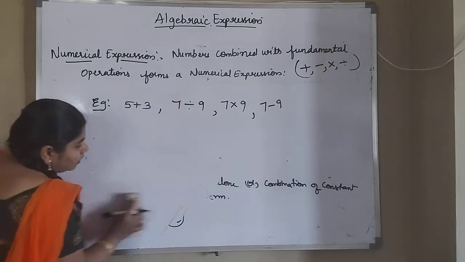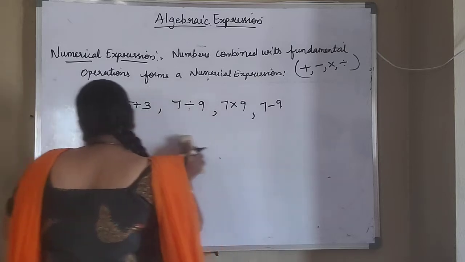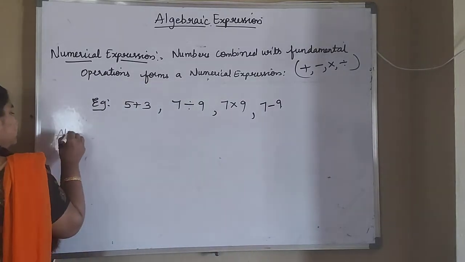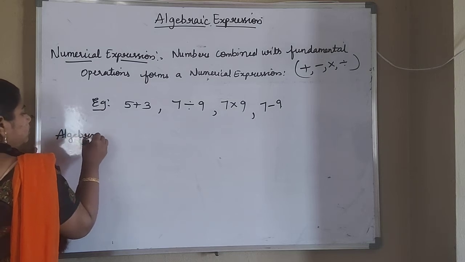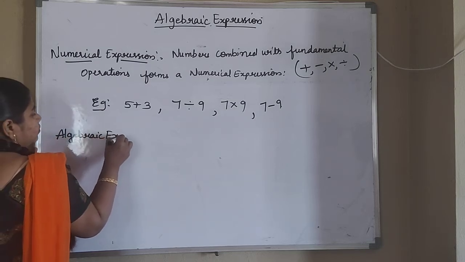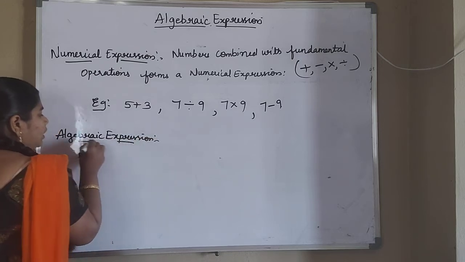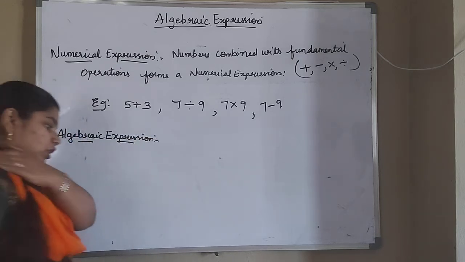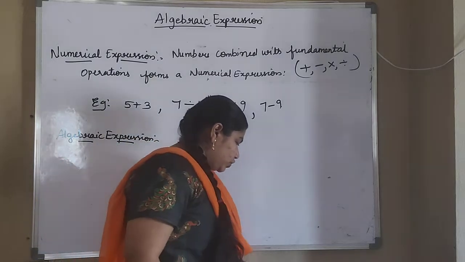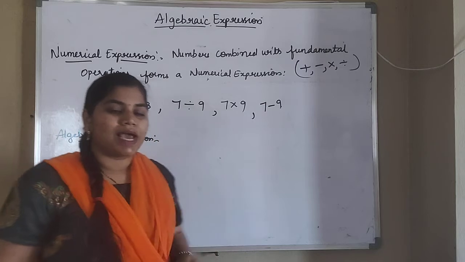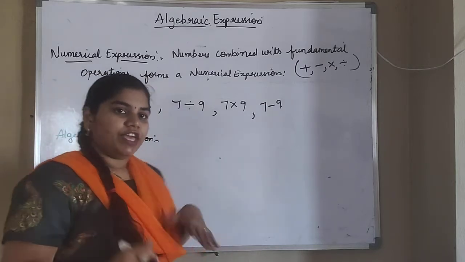So what is next one? We are entering into our chapter now, that is algebraic expression. So what do you mean by algebraic expression? If an expression has at least one algebraic value, algebraic value is nothing but variables.